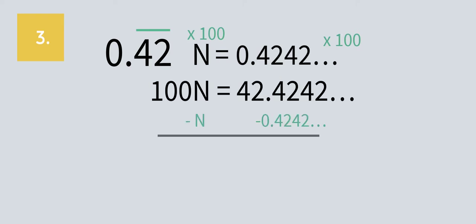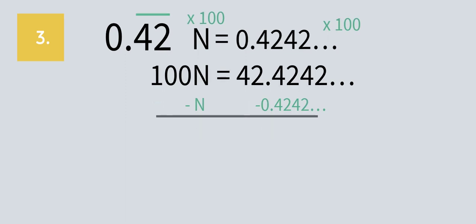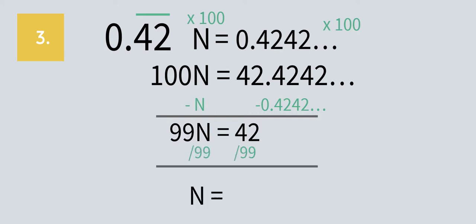Remember, n is the repeating portion, so on the right side, we just write out 0.4242. We end up with 99n equals 42. Divide both sides by 99. We get n equals 42/99.